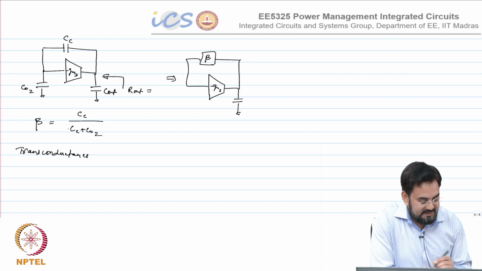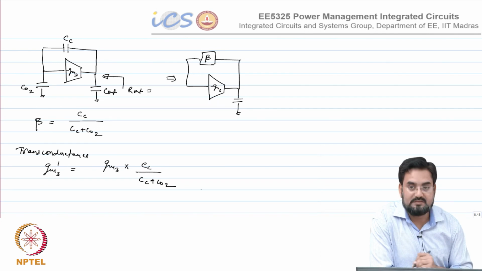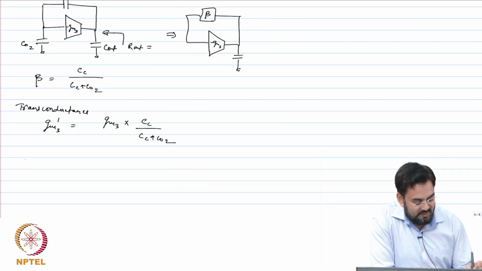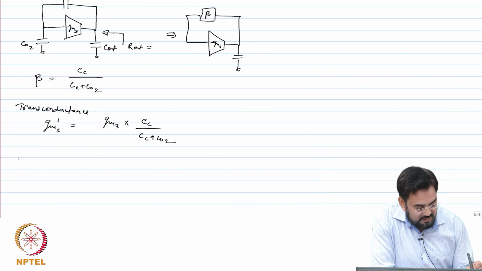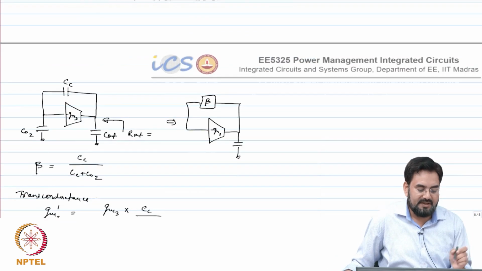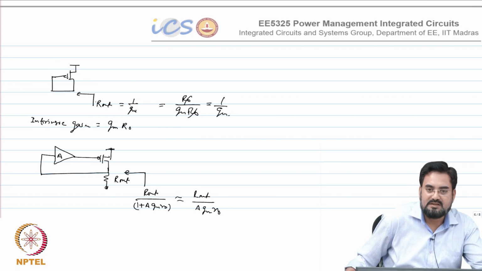So, now your transconductance will be what? Gm3 dash I will call, that will become Gm3 into Cc over, correct. So, now you know the impedance looking into this node is 1 over Gm. If I put a cap here, then what will be the pole?